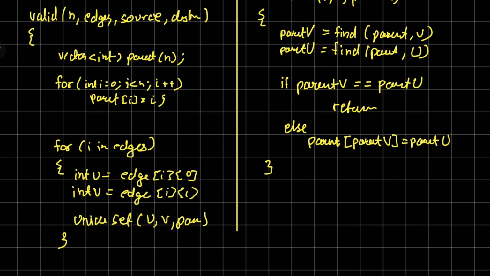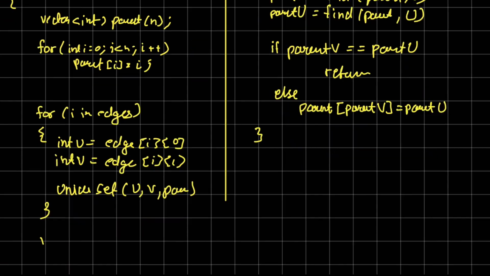Now what we have to do after making the sets is just check if the parents of them are the same. We can do this by calling the find function.